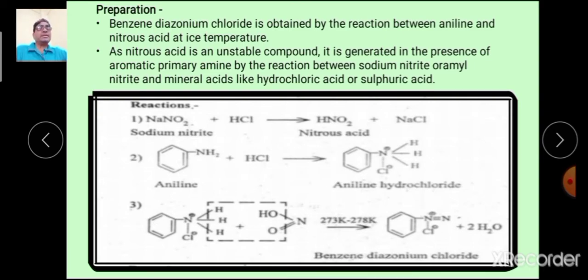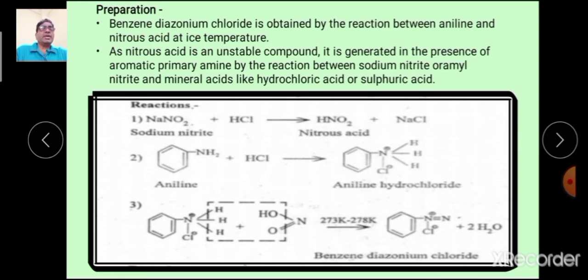That is, nitrous acid is prepared in situ. Now the reactions are: the first reaction, sodium nitrite treated with hydrochloric acid, formation of nitrous acid in the reaction with elimination of sodium chloride.